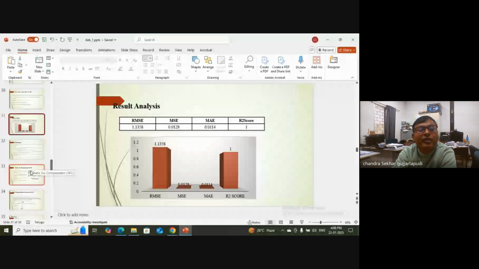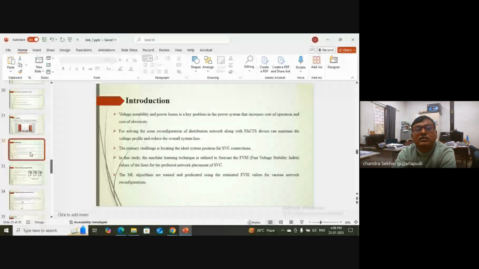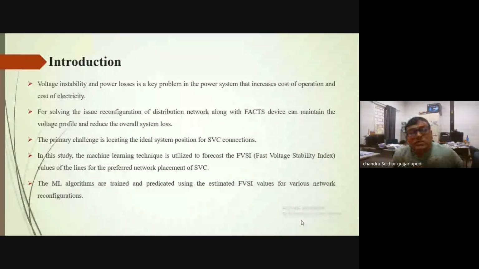So now I am going for the next study: voltage stability assessment for a system to determine the optimal location of the SVC using a machine learning algorithm.